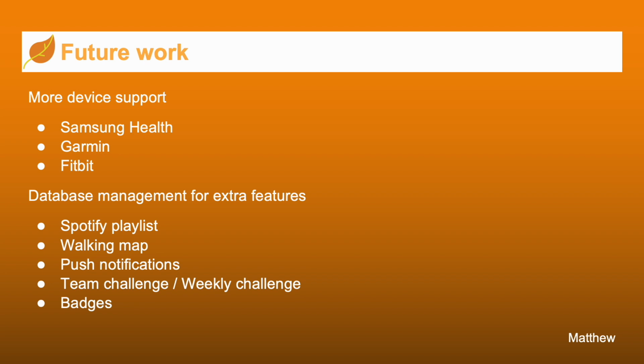And the second part is the database management for extra features, such as Spotify playlists, which will be using the Spotify API to create collaborative playlists or a song suggestion box, and a way for users to suggest songs by adding them to the Walktober playlist, and a walking map, which will be a visual representation of how far you have walked, showing the equivalent distance via a route on a map, and push notifications for upcoming events or announcements to be pushed to mobile or email.